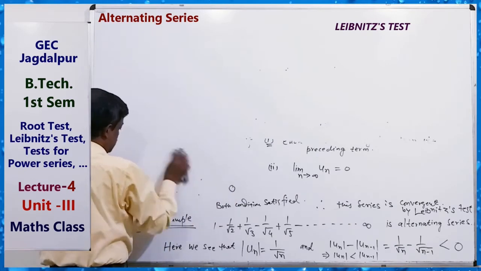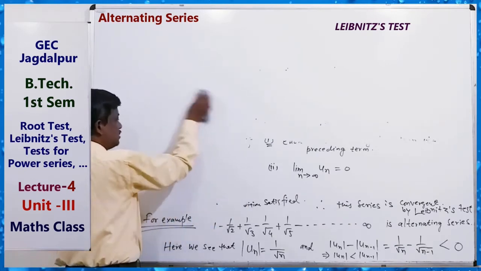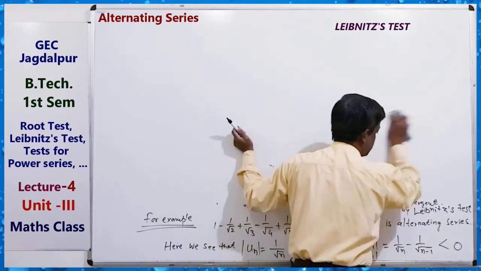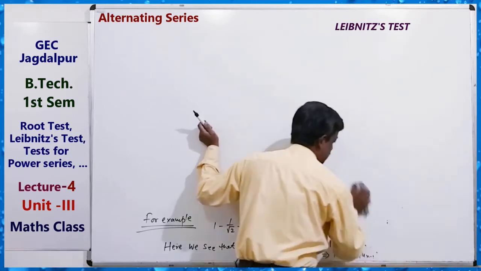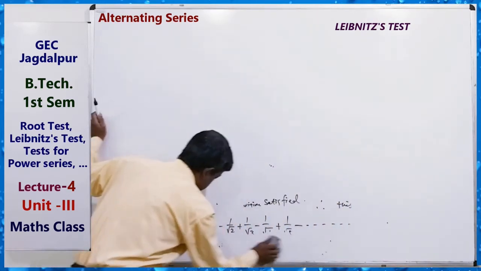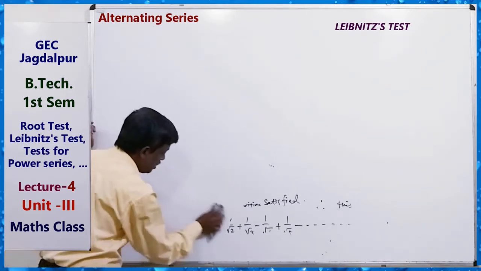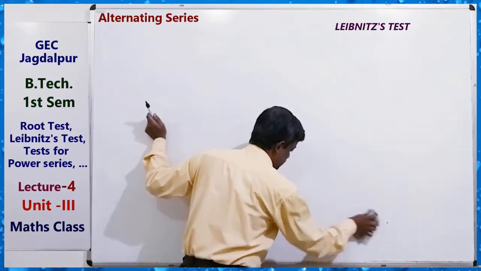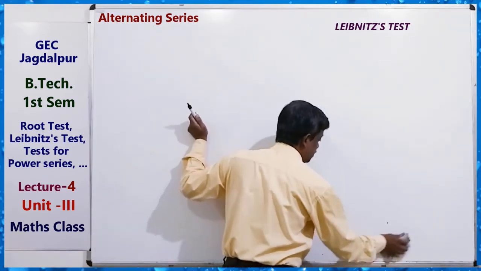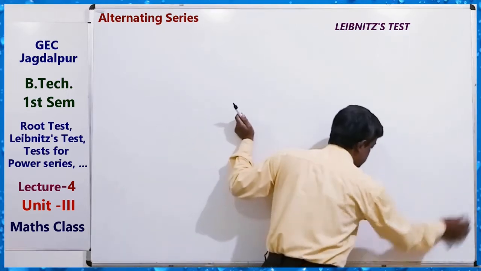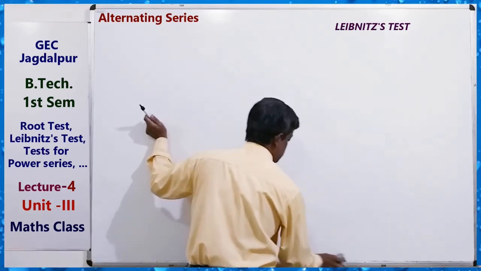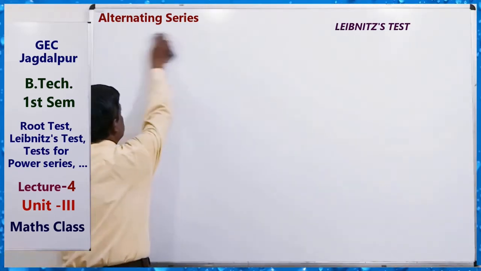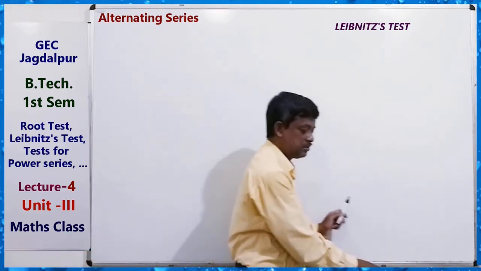We can identify whether the given series is convergent or not if the series is an alternating series. Alternating series means terms are alternately positive or negative. If un does not tend to 0, though terms are numerically less than the preceding term, then the series will be oscillatory.